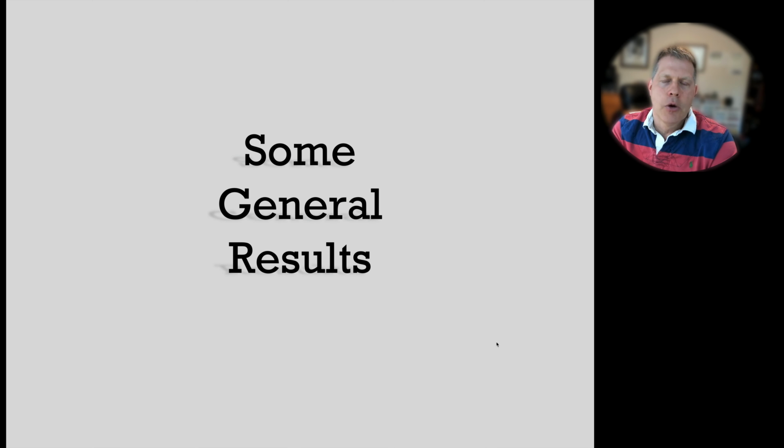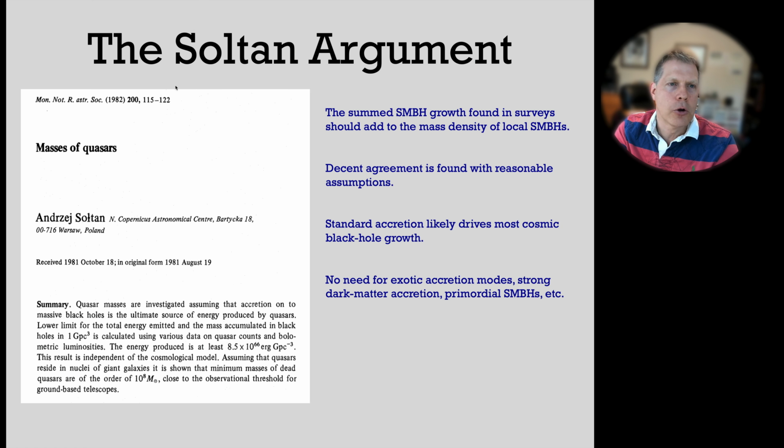Okay, so I will then end our discussion of AGN evolution with a few general, interesting, sort of connected results. One thing which I want to talk about a little bit is the so-called Sołtan argument. This is a very important argument put forward back in 1982 in this important paper by Andrzej Sołtan.